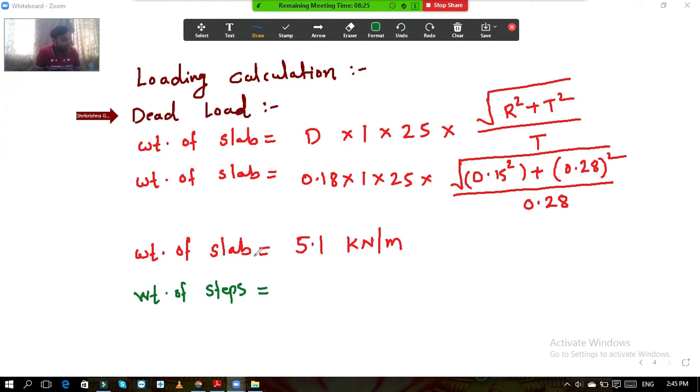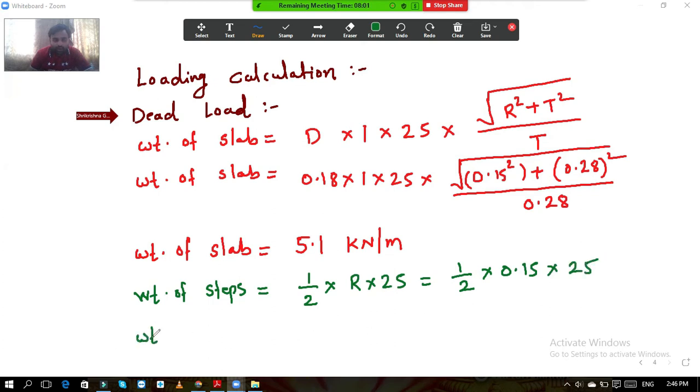You know the formula for weight of steps. It is R by 2 into 25, or one half R into 25. This is the formula for weight of steps. So half into R, R is our riser, so it is 0.15 into 25.